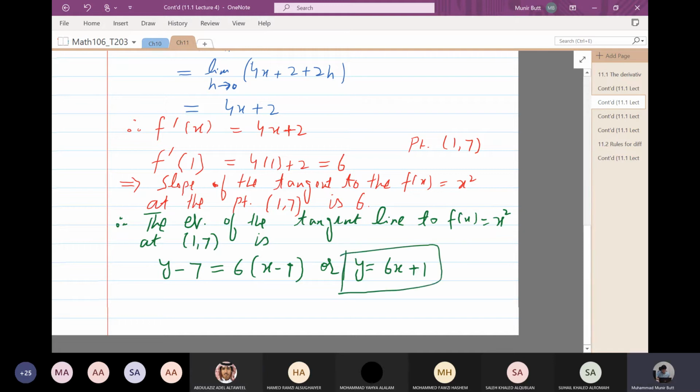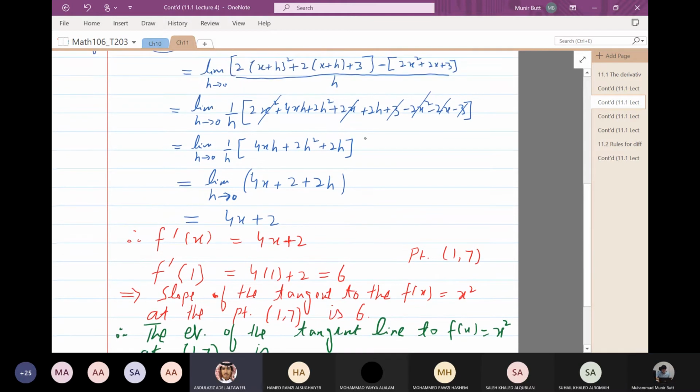Doctor, please can you repeat the common factors part? I didn't get it. Okay, I will do it here, no problem. So limit h approaches 0, you can take h common. So it will be 4x plus 2h plus 2, and this h will be cancelled out.